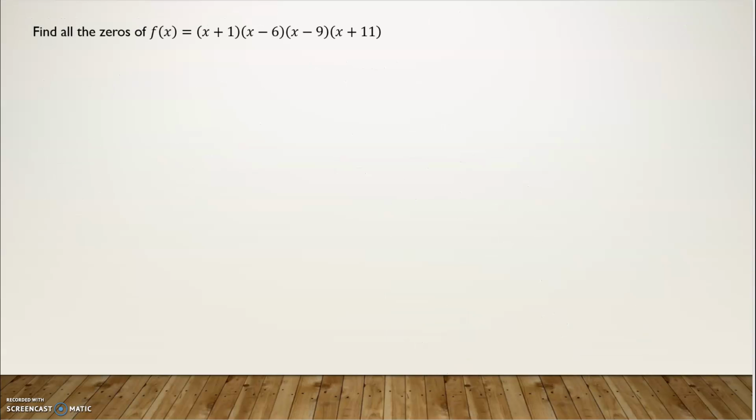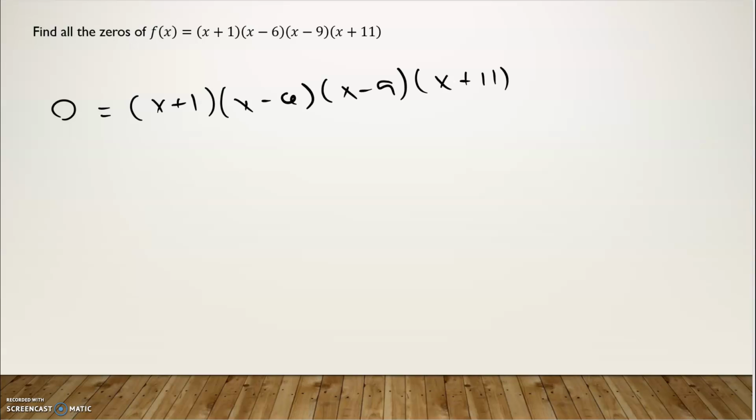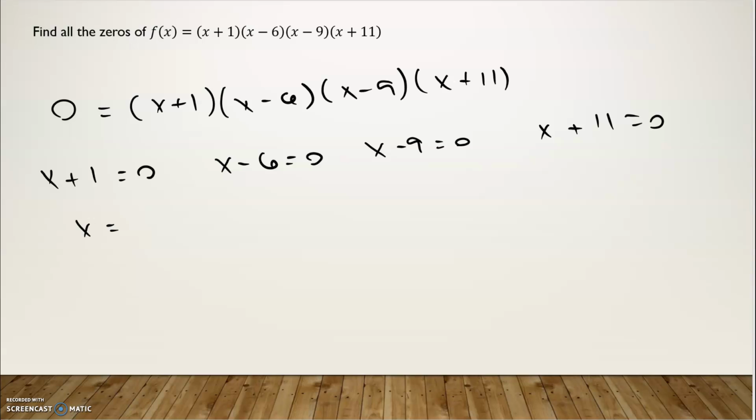Okay, let's look at this one. Find all the zeros. So 0 is equal to x plus 1, x minus 6, x minus 9, x plus 11. So for each one of those, I'm going to set them equal to 0 because of the zero product property. So this was x equals negative 1, x equals 6, x equals 9, and x equals negative 11.